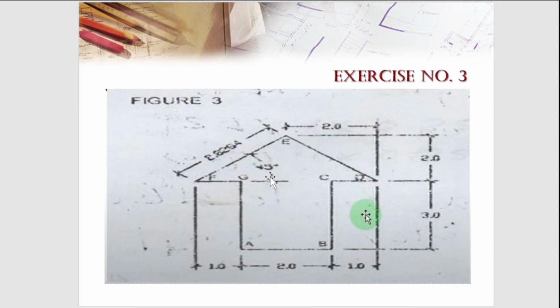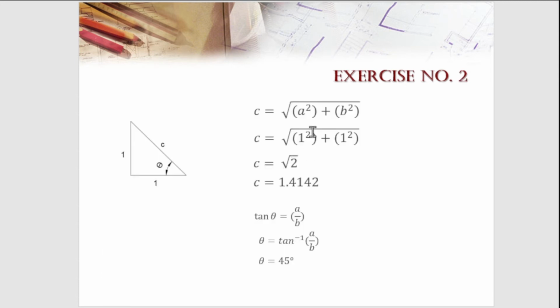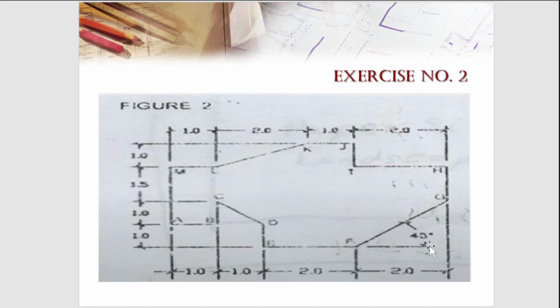They have the same distance, so 2 units in A and 2 units in B. So we have 2.8284. If we compute this using this formula, the answer will be 2.8284. And our angle is 45.